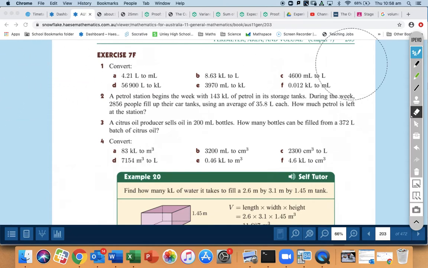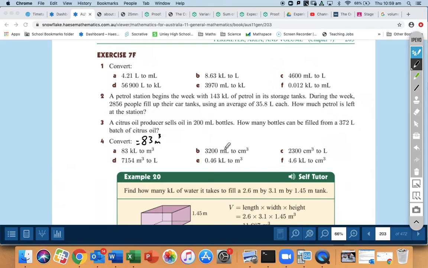now I'm going to skip to question 4 so that this video focuses on conversions. Question 4 is about converting between volumes and capacities, and a question like this one here, or even the first one. A kilolitre is equivalent to a cubic metre, so the answer there is just 83.